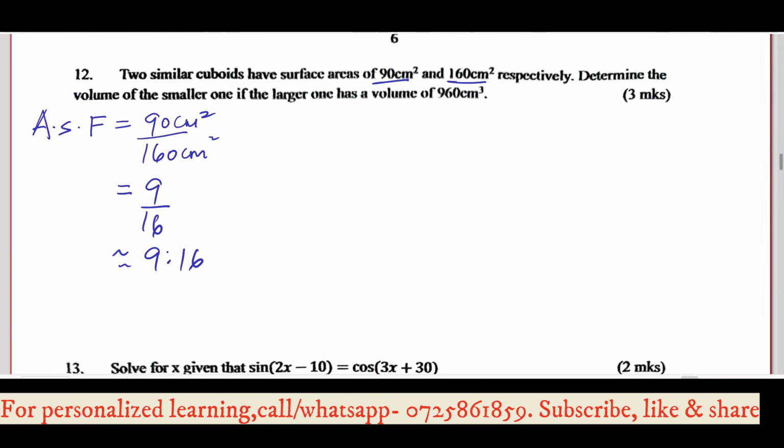Now, for us to get the volume of the smaller one, we need to get the volume scale factor. And before we get the volume scale factor, we'll be required to obtain the linear scale factor. Linear scale factor is the ratio of the lengths of two similar figures. There is a relationship between area scale factor and linear scale factor.